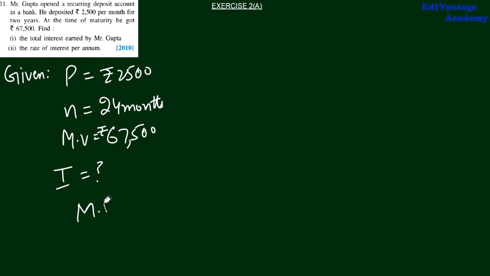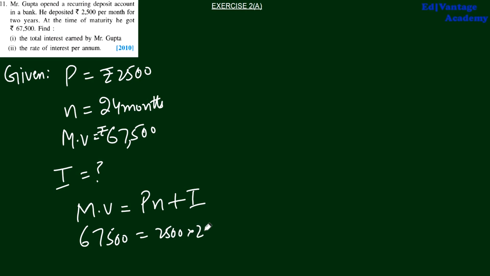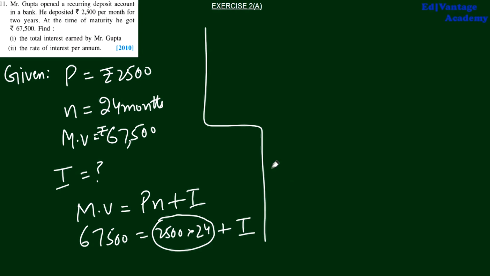So we will write the formula, MV is equal to P n plus I. MV is 67,500. P is 2,500 into n, 24, plus I. Correct? You can't send 2,500 to the left, you can't send 24 to the left separately, as they are together. When you send them left, you have to send them together, meaning I can multiply them. Let's multiply them first.